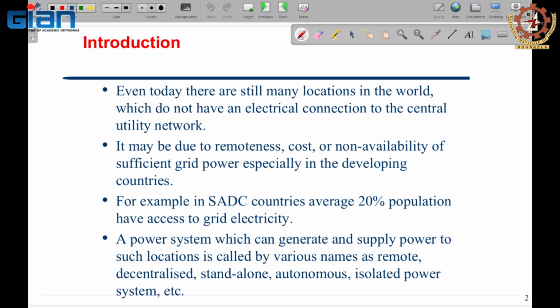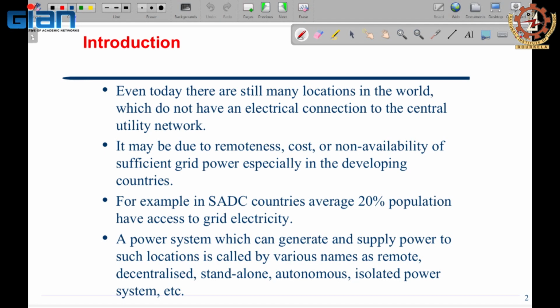For example, in the SADC countries in the African continent, around 20% of the significant population just has access to the grid. In the African continent there are so many countries where the electricity situation is really poor.